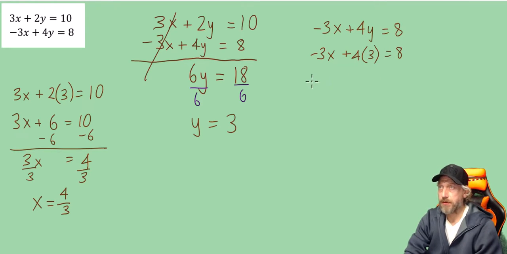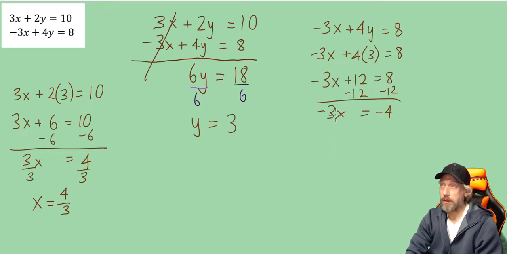The 4 times 3 we can do. Negative 3x plus 12 equals 8. Let's subtract the 12. Negative 3x equals negative 4. And finally, we will divide by that negative 3. And negative 4 divided by negative 3 does equal a positive 4/3.